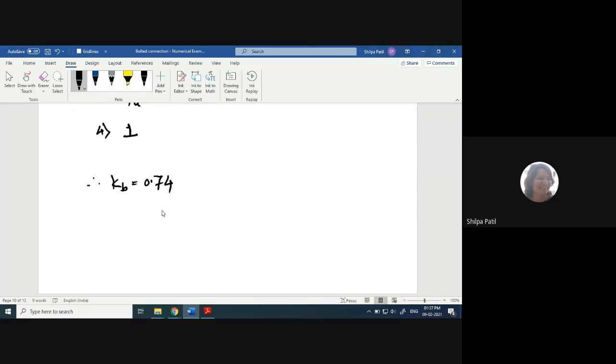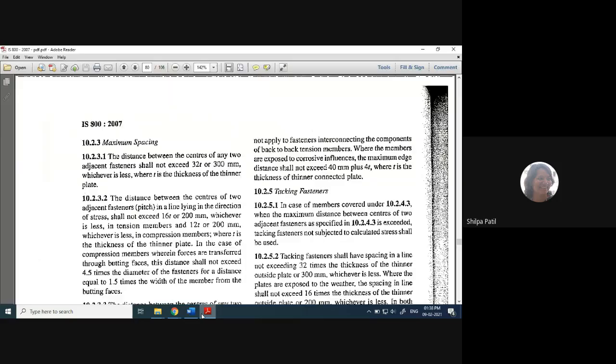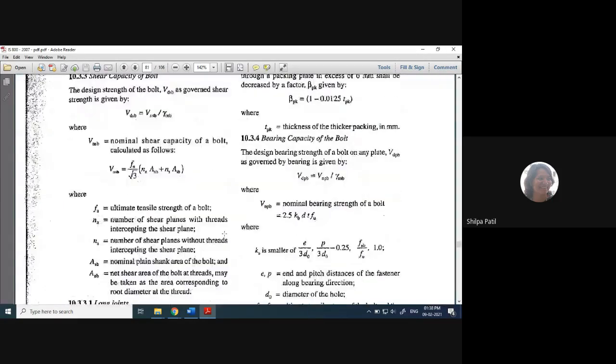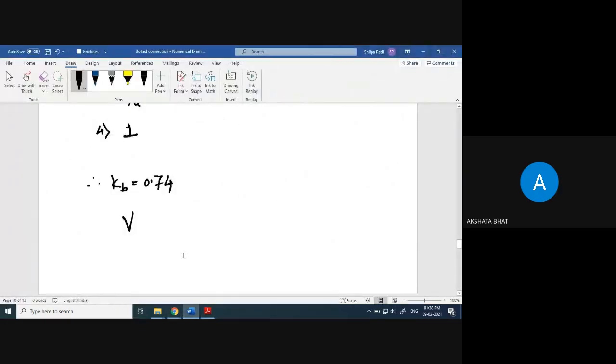Okay, let us put now all these values in our formula. What was the formula? Vnpb is equal to 2.5 into Kb, which is 0.74, into d, which is 16 mm, into t, which is 8 mm, into 410.